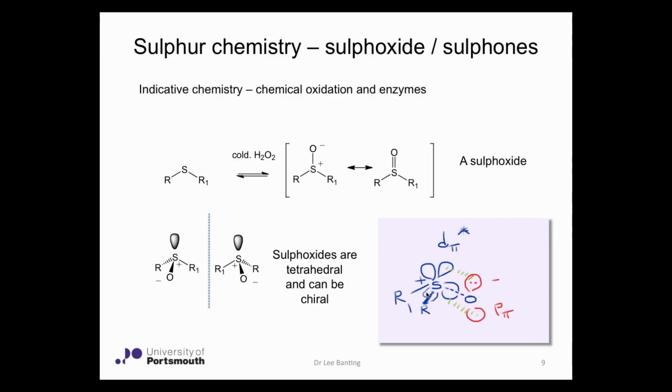Remember, we mentioned the d orbitals, and the d orbital can accept electron density from the oxygen, and this is the definition of a covalent bond. If you can move electrons between one atom and another, you can induce covalency, and in fact our second covalent bond comes about because of this type of interaction. And sulfur uses this chemistry in the multiple bonded compounds we've already seen on the previous slides.